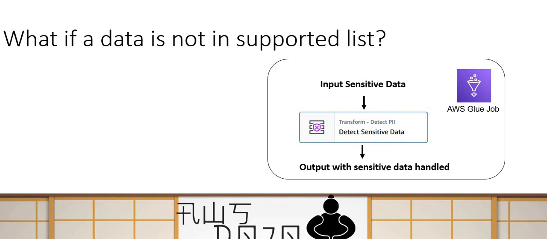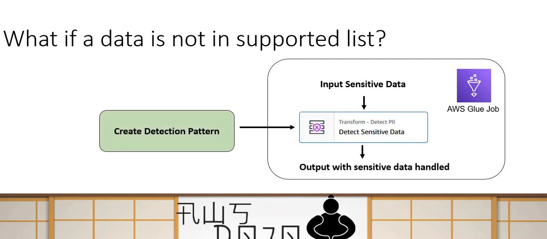So how do we do that? If you have any data which is not in the supported list but you still want to detect and handle it, that's where you can create a detection pattern to identify such sensitive data which is not in the out-of-box supported list.